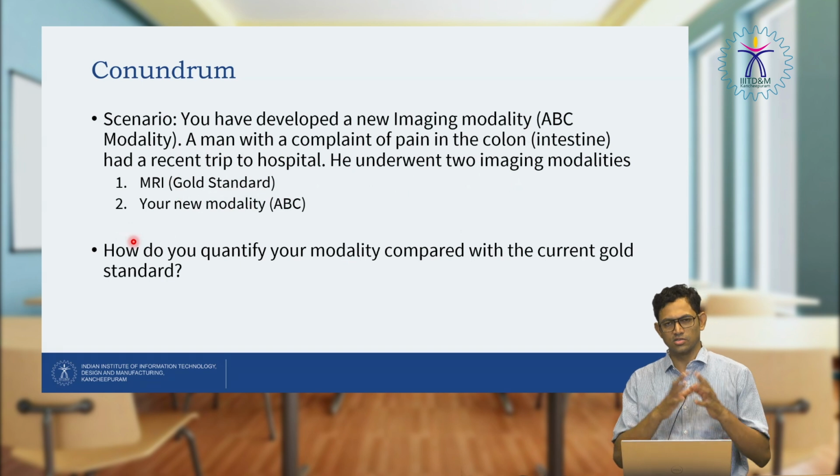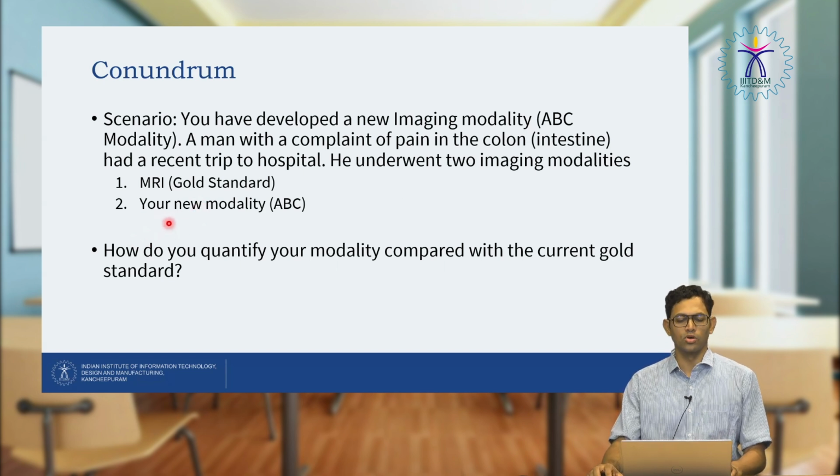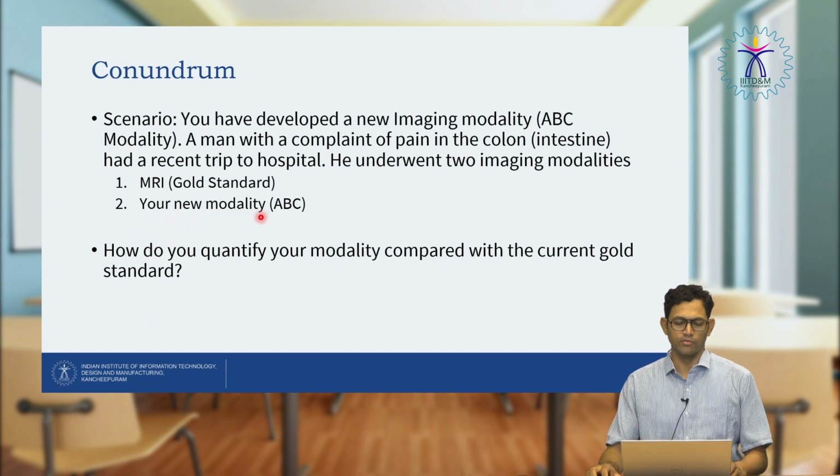But in this context of learning biostatistics, let us assume that MRI is the gold standard and we are trying to compare our new modality, that is the ABC modality, to this gold standard. So we compare our new modality with respect to the gold standard MRI technique. Okay. The word gold has nothing to do with the gold material. It's just a terminology, right?